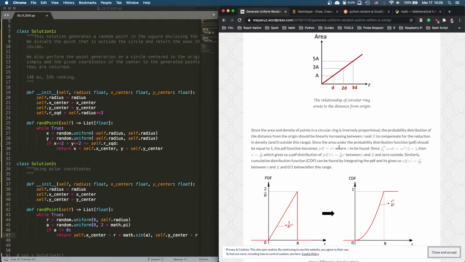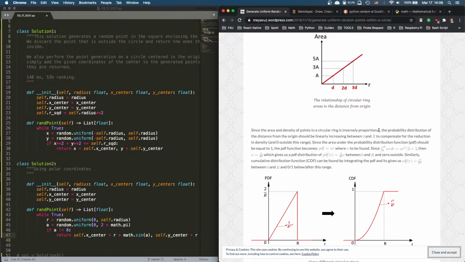Hold on. What is this? So the distance from the origin should be linearly increasing in the probability distribution. So we know that the PDF shall be higher. Okay, I got it.